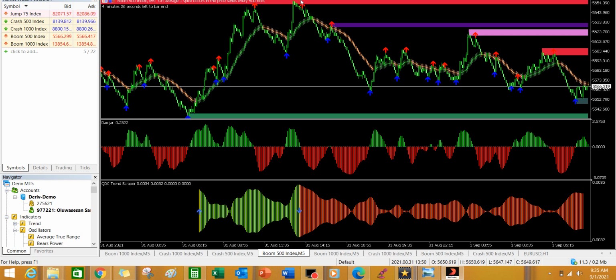Try to identify your support zone, your resistance zone, and your trend, then trade within that trend and see how much profit you are able to make at the end of the day. Practice till you are able to perfect your skills, so that when you go live on your real account, you will be able to milk the market successfully.